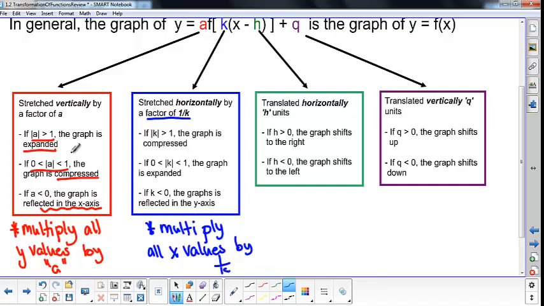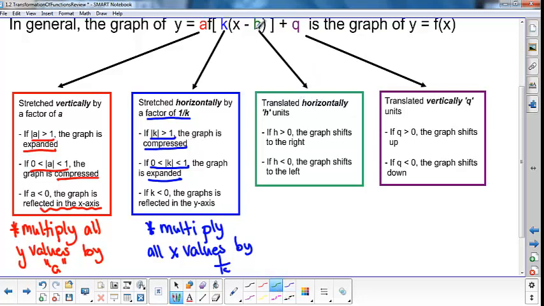So it's kind of a little bit opposite than your vertical stretch. In this case, when your k value is between 0 and 1, then you get a horizontal stretch. If your k value is greater than 1, you are going to get a horizontal compression.